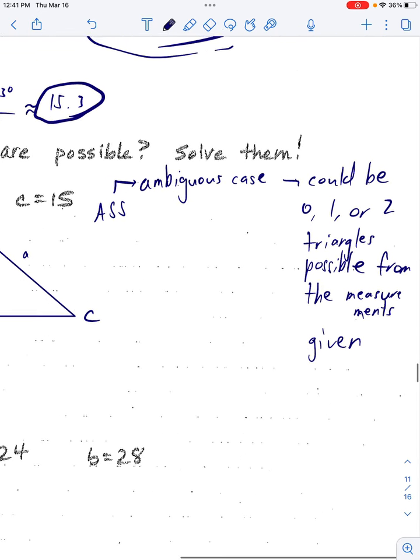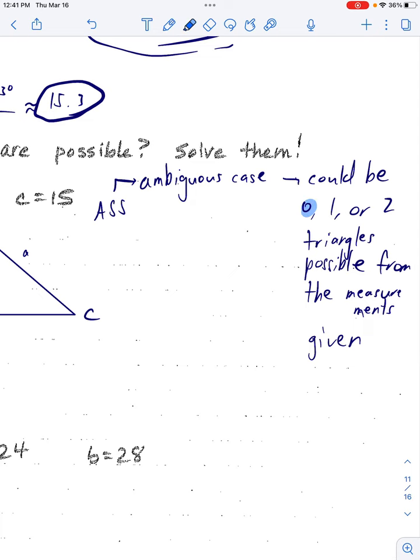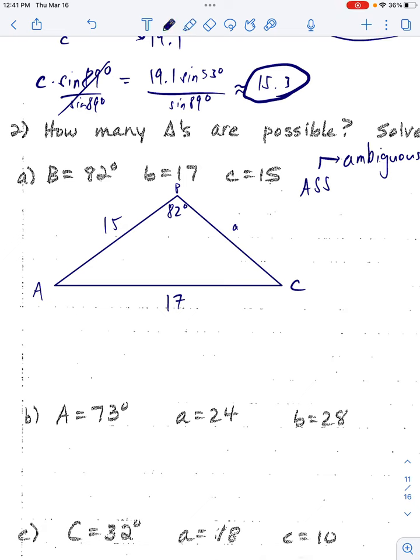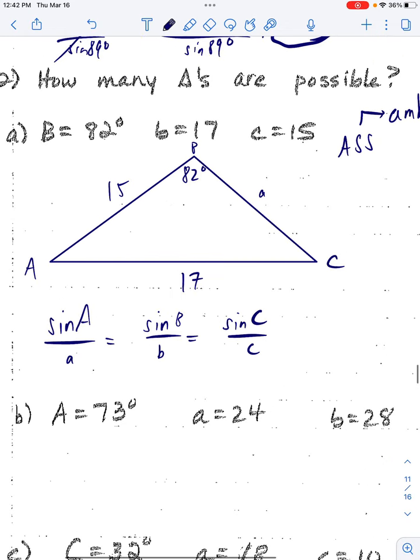So here's how we figure out whether there are 0, 1, or 2. We start the problem just like we do the other ones. We write down the law of sines. Let's plug in what we have. Little c is 15, little b is 17, big B is 82.